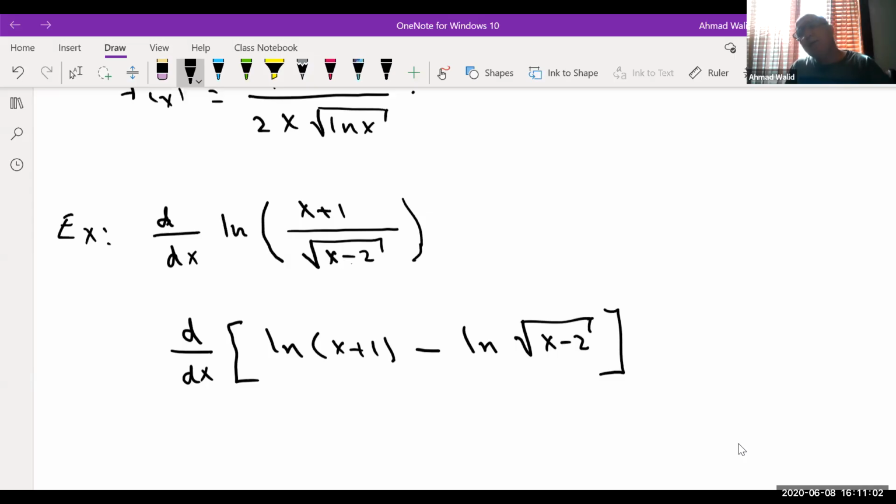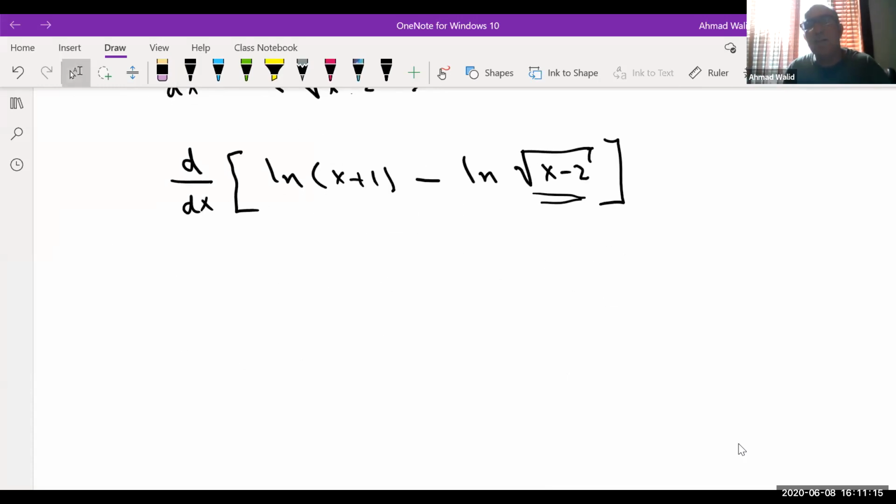Here, you learn in logarithms. When you have logarithms, you don't keep the square root or the radical form. You change it to exponential notation. Here, I'll change it to exponential notation before I take the derivative of these two, correct?